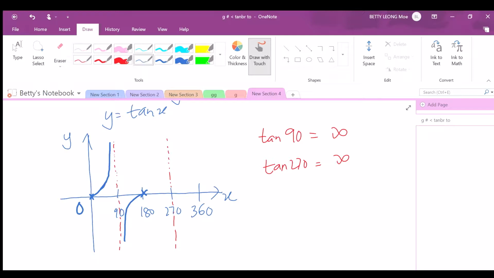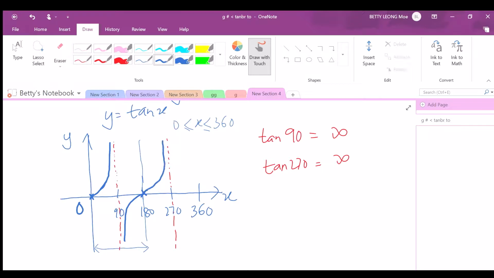This is what you call a complete cycle. It's the period for tangent. But because the graph is from 0 to 360, we continue to draw the graph. From 180, it will move up here, and then it will not touch 270.